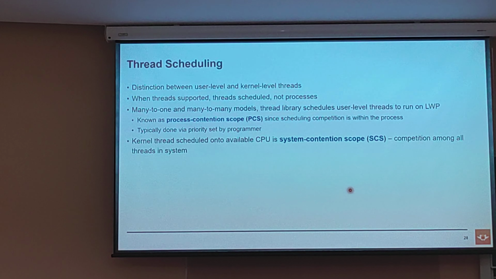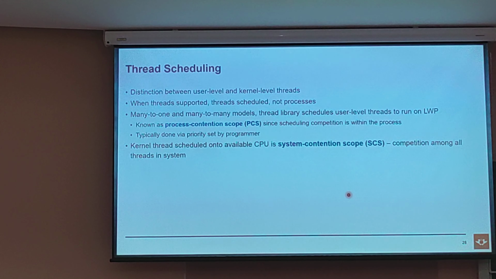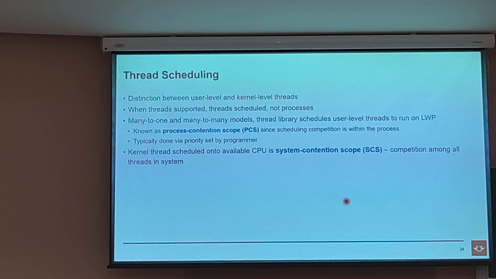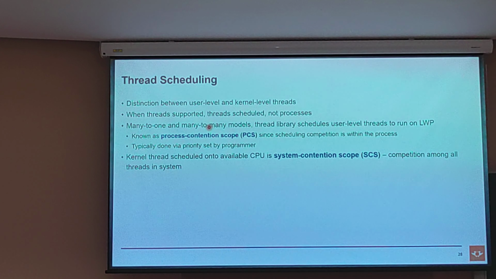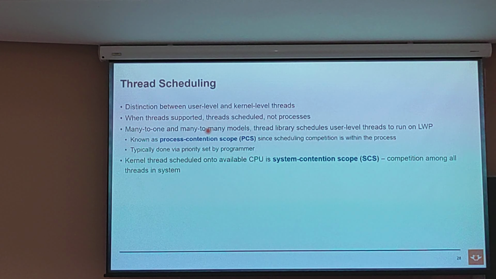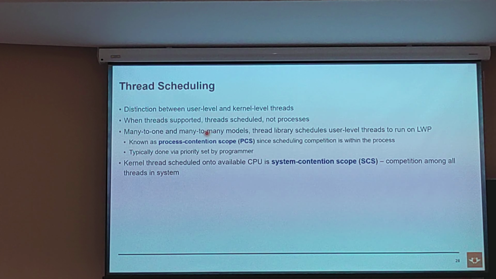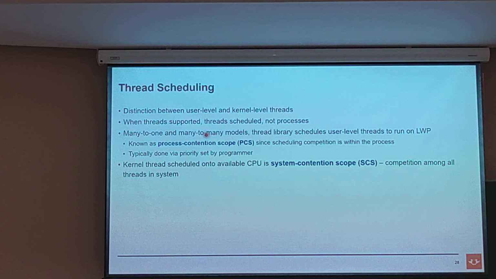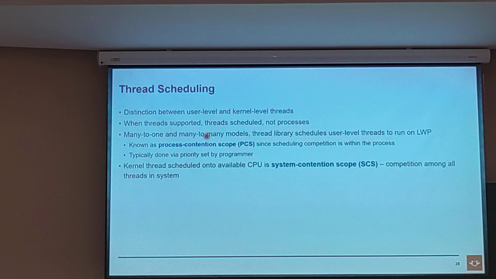That basically just means that when you look at the threads, who do they contend with with regards to getting CPU time? As you can see here, in the many-to-one or the many-to-many models, you've got a lot of user-level threads, and there's a disconnect between the number of user-level threads and the kernel-level threads, you can potentially have a user-level scheduler running, and then they basically contend within the same process. Well, they fight against each other, kind of, to get processing time.